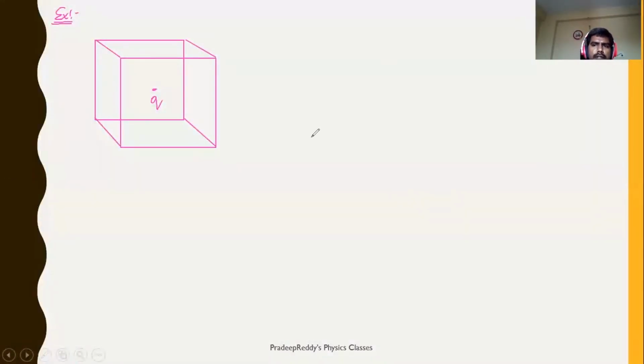Students, in this slide, we are going to learn one simple example based on applications of Gauss law, because I did not solve many numericals on Gauss law in the video lectures. So I'll be explaining this as a part of that. So we have a cube.